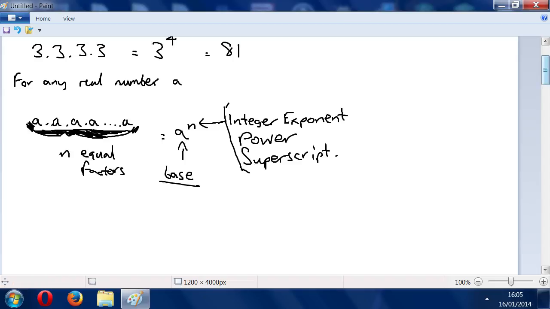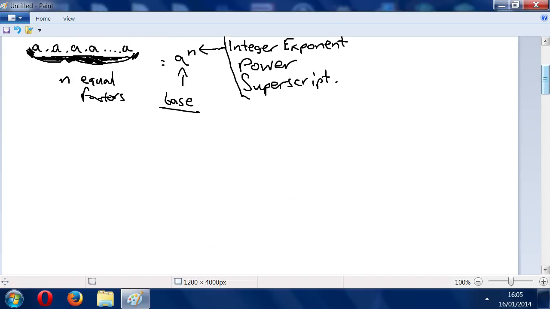Now, just a brief point. a to the 0 is going to be 1. This is, of course, assuming that a is not equal to 0, because 0 to the 0 is undefined.